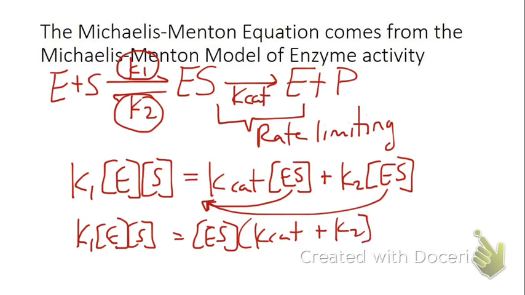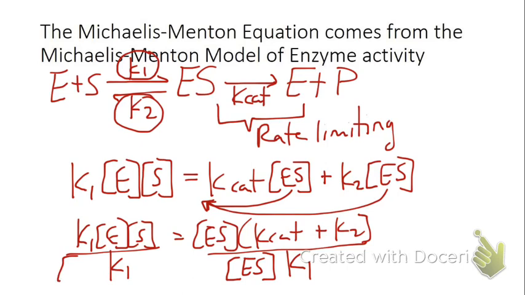and then we are going to switch K1 to the other side, and also divide by the concentration of the enzyme-substrate complex. So we're going to move constants to one side. We're going to move all of the concentrations to the other.